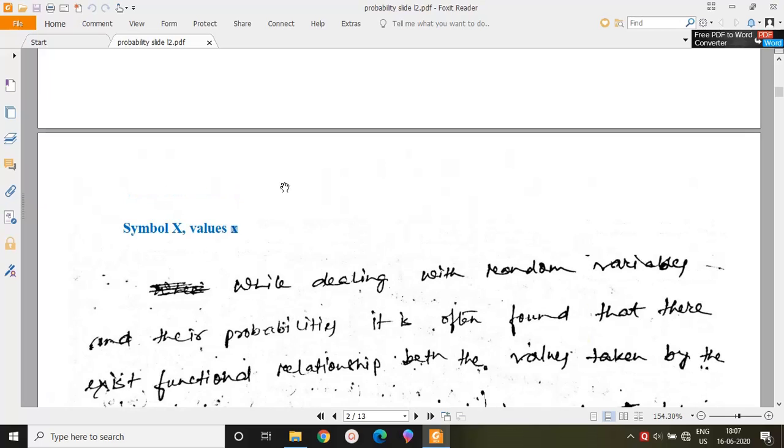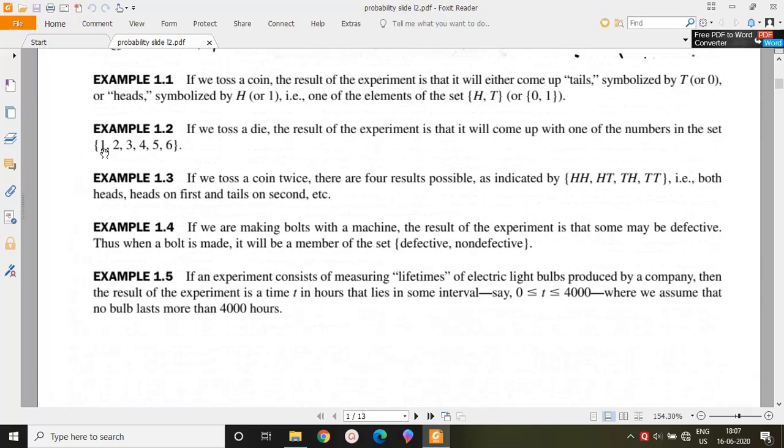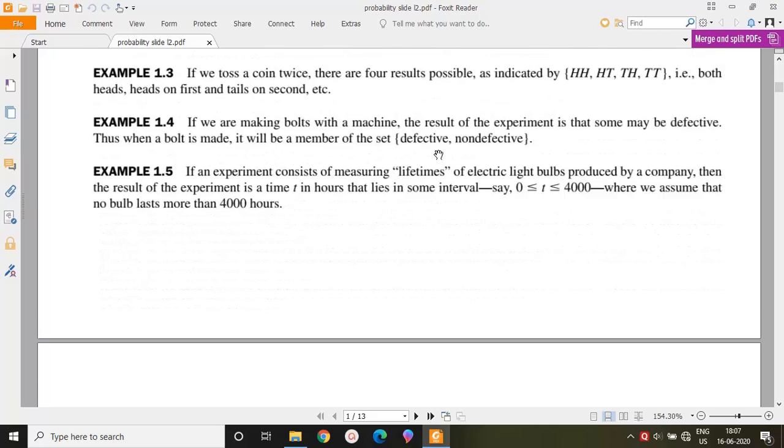So in the example of tossing of a coin, capital X will be the random variable and 0 and 1 will be your small letter x.